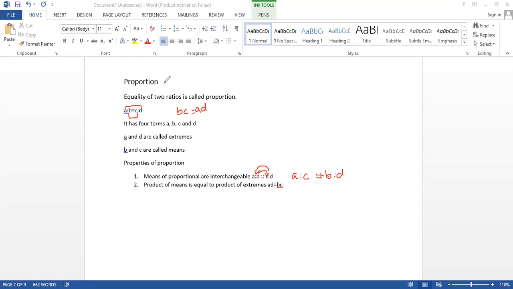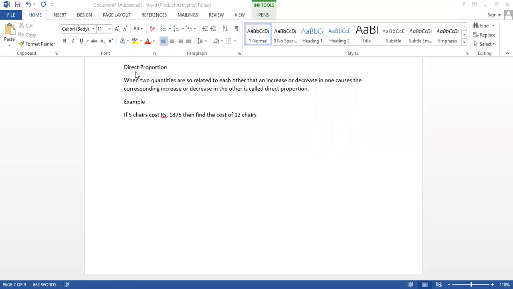There are two types of proportion, direct and inverse, or we can also call it indirect proportion. Direct proportion is when two quantities are so related to each other that an increase or decrease in one causes a corresponding increase or decrease in the other.